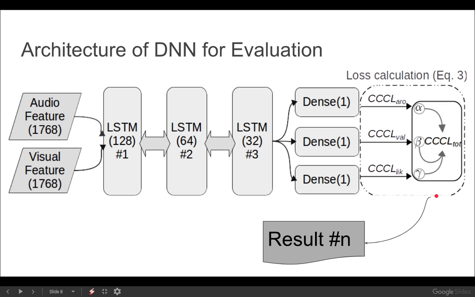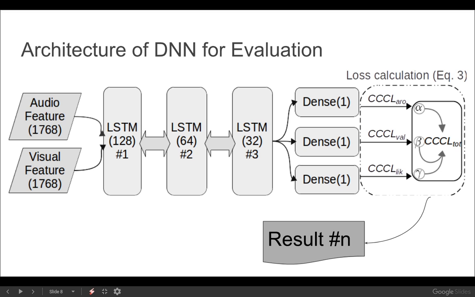So the MTL loss is calculated here, and we obtain the prediction of the arousal, valence, and liking in continuous degree here. For example, if the input is an audio feature, we will obtain a prediction from the audio feature here, and if the input is audio and visual features, the bimodal feature, we will also obtain a similar size of prediction here. So this is the implementation of the previous MTL concept in the architecture.